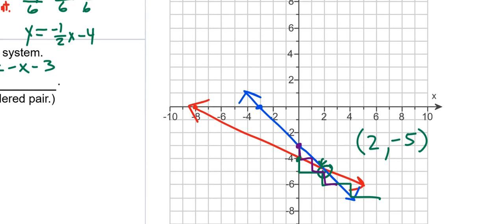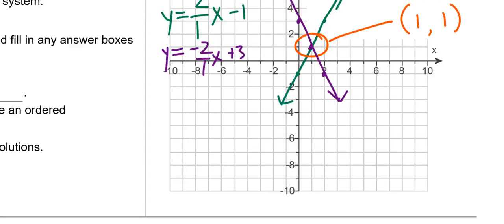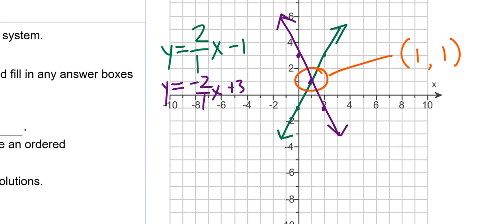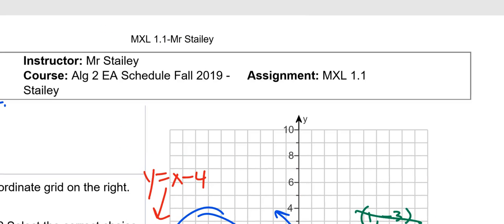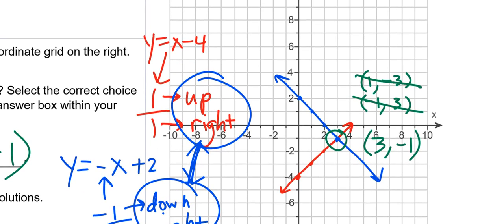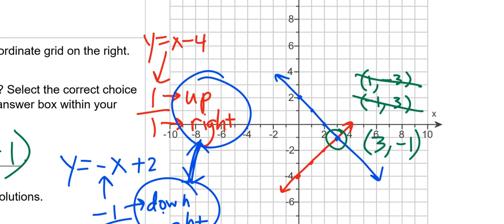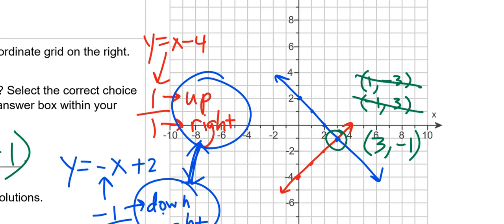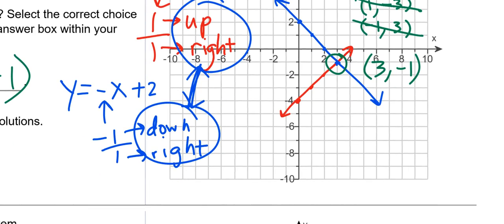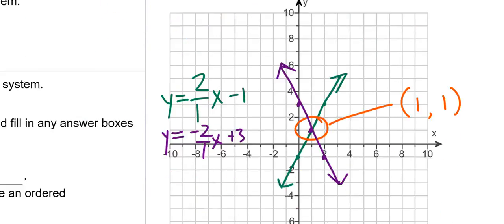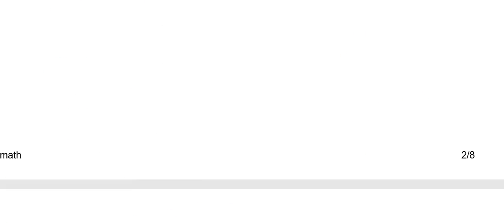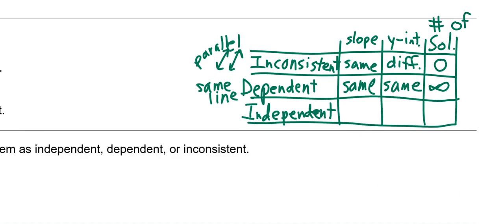Here's another. Here's another. These are all examples of independent systems. How many places do they cross? One time. Okay? Every one of these that we've been dealing with so far is independent.